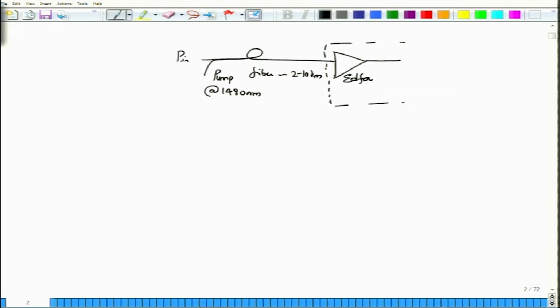So this is the input that you sent out. However, at the same site, you can also send in the pump power, which let us call P with a subscript p to denote pump power. This pump is now at 1480 nanometer.